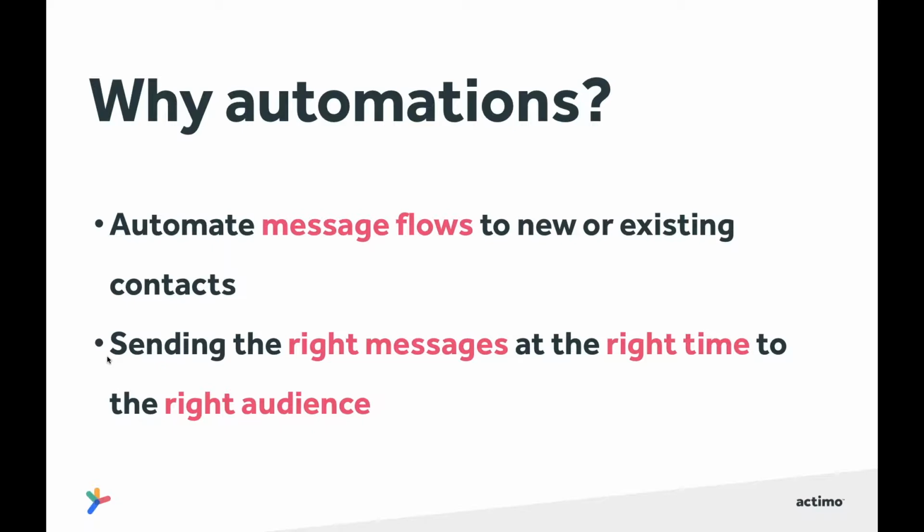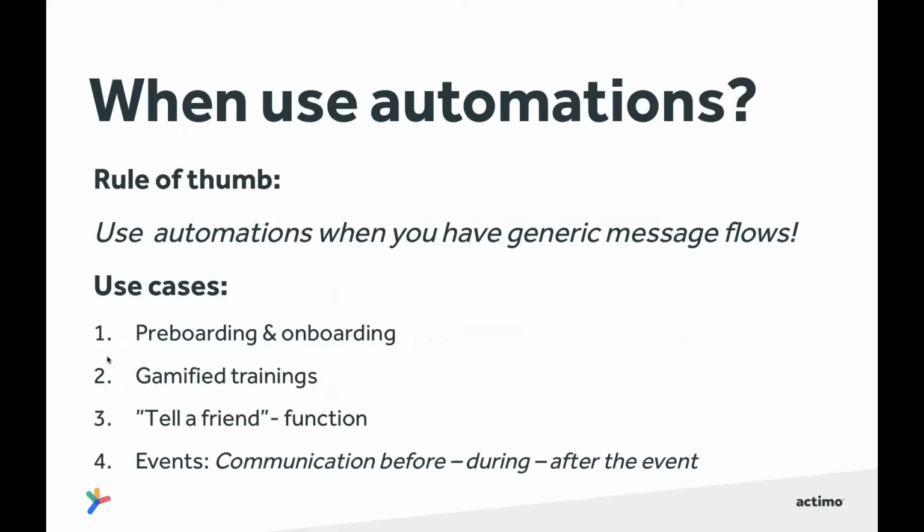But it's also very important for me to emphasize that automations is some of the more complex stuff that you can do in Actimo. So it is not necessarily advised to do every time that you would like to send out more than just one message. Which leads me to the next slide, when to use automations.